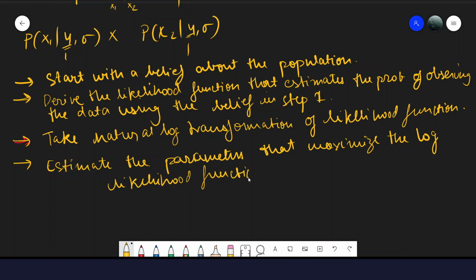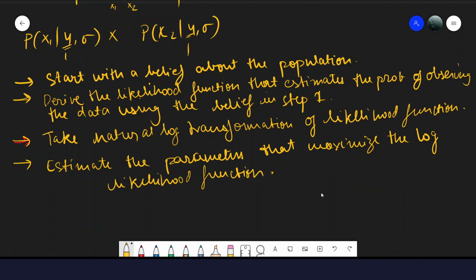And how do you estimate that? Well, you take the derivative with respect to each of the population parameters that you're trying to estimate. And yeah, these are all the steps that you need to follow whenever you're trying to find the maximum likelihood estimation for any distribution. These are the 4 steps that you need to follow. And now I'll give you an example.